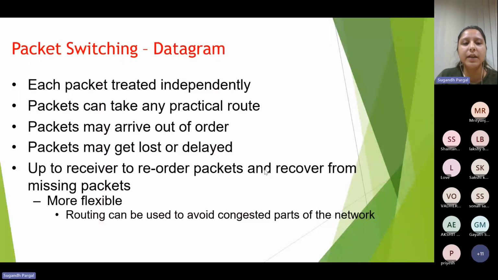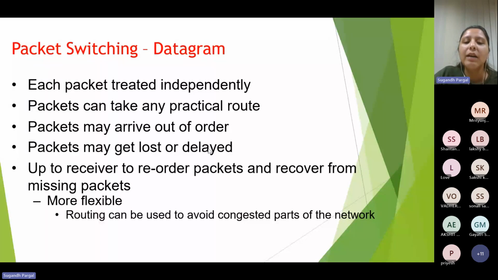In packet switching, first we'll discuss the datagram approach, in which each packet is treated independently, and packets can take any practical route. For example, if a packet is going from a source to a destination, it can take any possible route. Packets may arrive out of order. Since each packet is treated independently, one may start on a longer route and take more time, while another opts for a shorter route and reaches earlier.